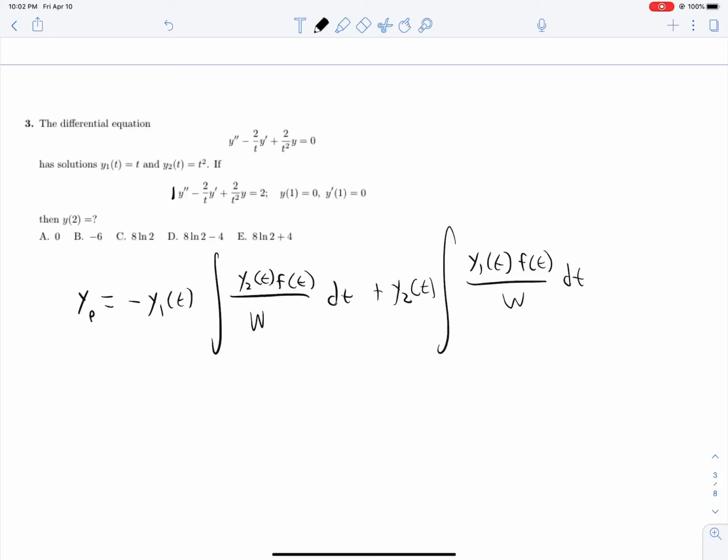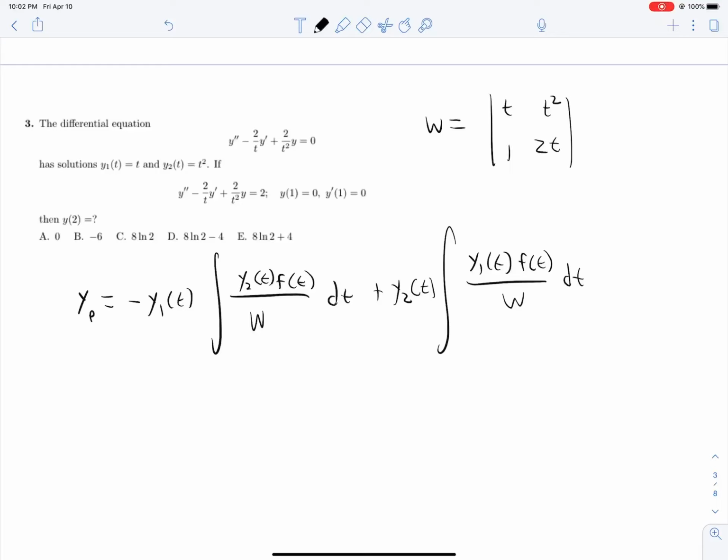And so we can start solving for these individual components and setting up a final computation to do here. So finding our Wronskian, that's just going to be the determinant of the matrix formed by our 2 fundamental solutions and their derivatives. We have t, t squared, 1, 2t.